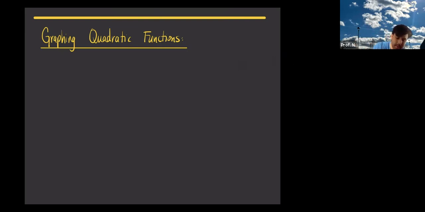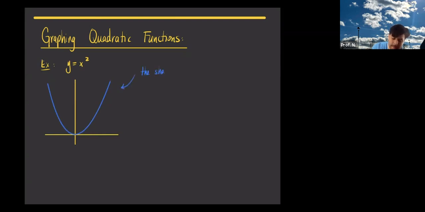Like as an example, right? We got y equals x squared. This is like the simplest kind of quadratics. We get something like this, right? We get a parabola. So the shape of a quadratic function is a parabola.